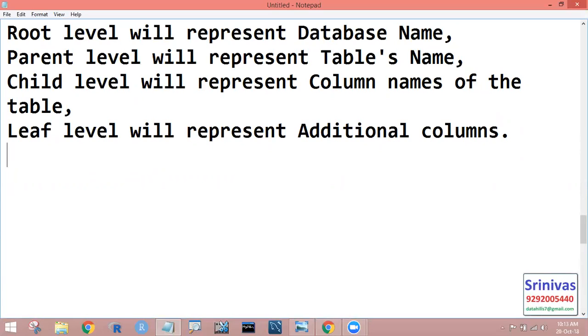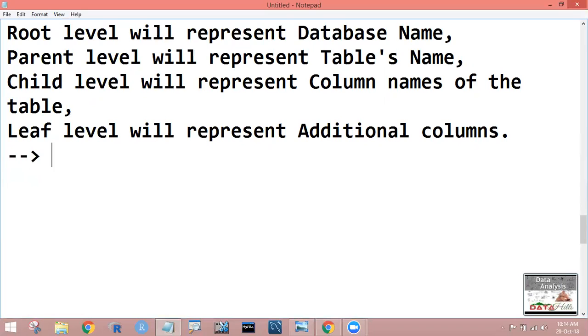The main advantage of this model is to access the data from the location without taking much time. Why without taking much time? Because it is in the format of a tree structure. First we start at the root node, and then we move to the parent, then to the column, to some other level. Based on this process it takes less time to find the locations of the data. Getting my point?